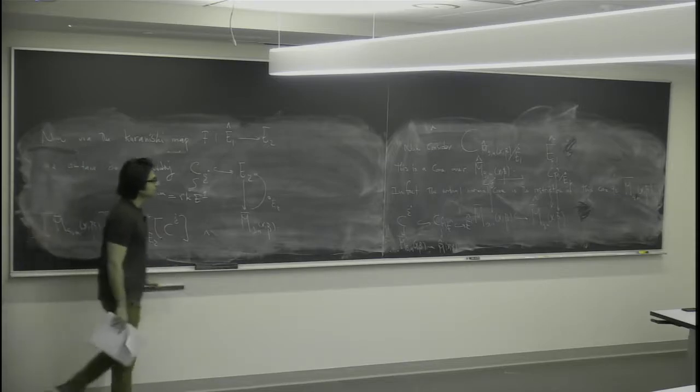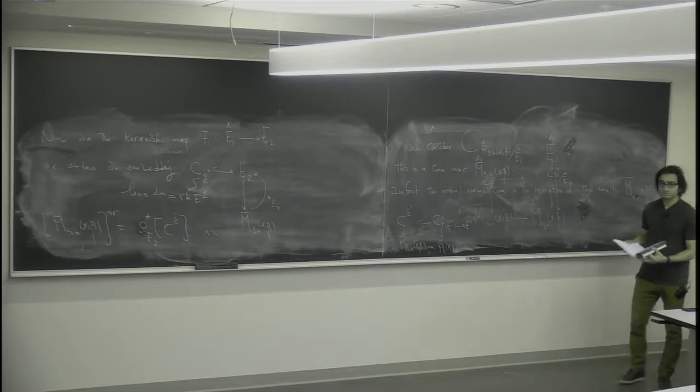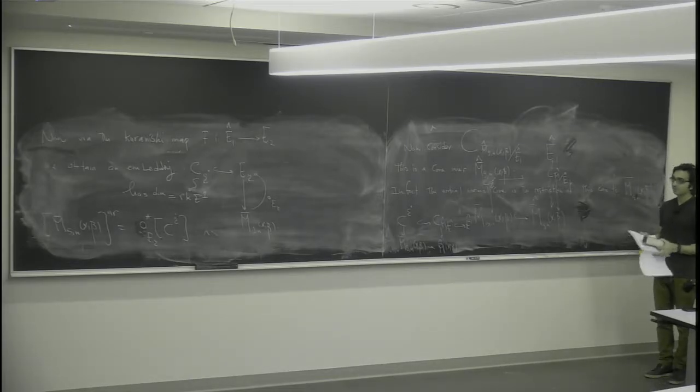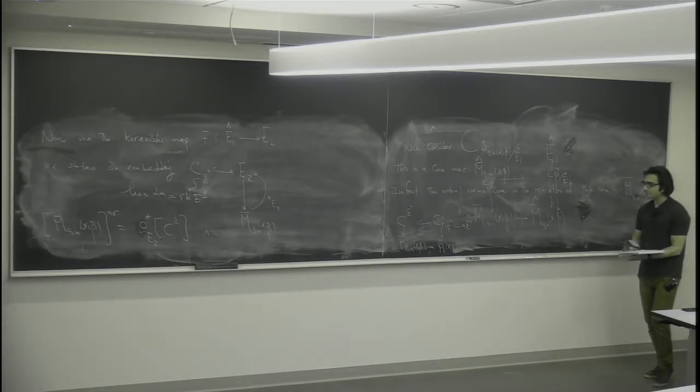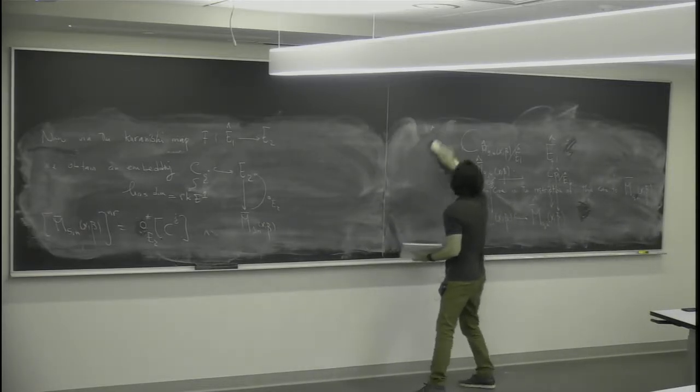So what is it they are saying? I'm applying their construction to the moduli space of stable maps, M bar_g(X, β).